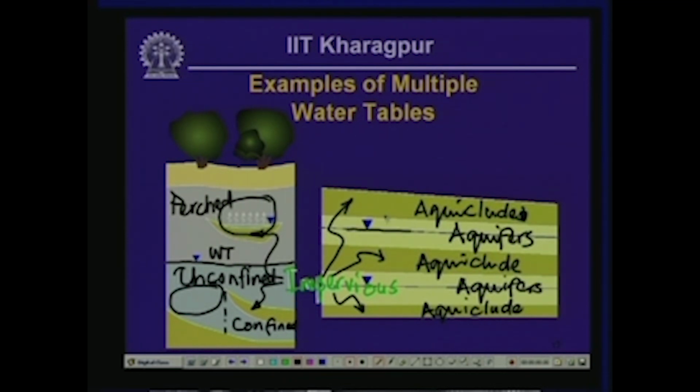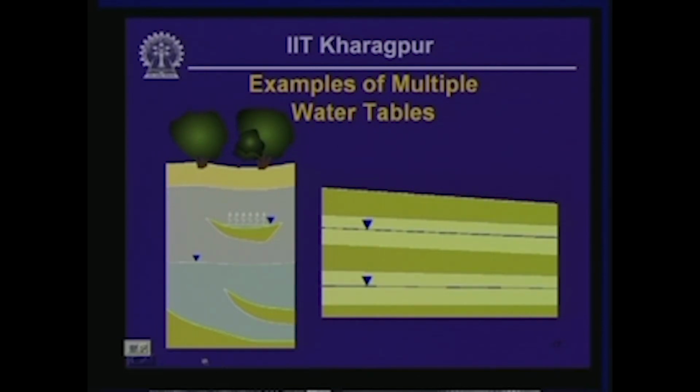So this one is groundwater table 1 and that one there is groundwater table 2, and these two aquifers are not hydraulically connected, so these groundwater tables are going to be under independent pressure conditions.